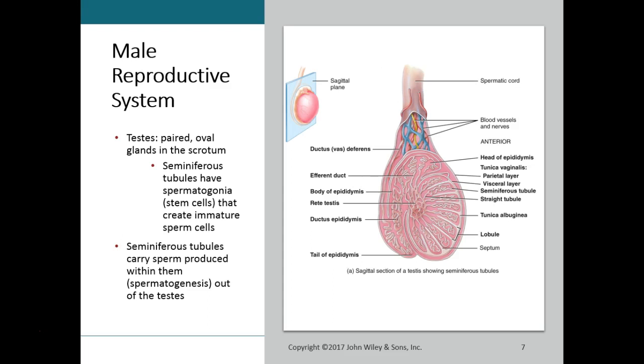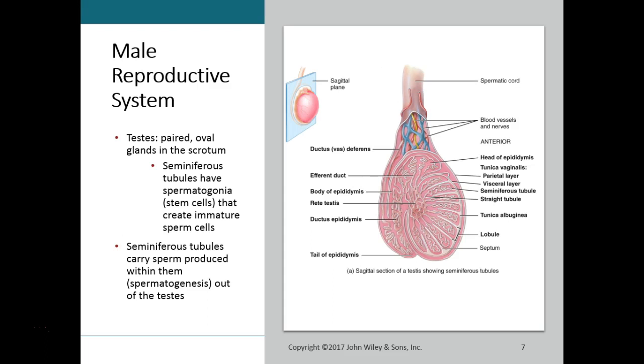The testis is surrounded by a fibrous capsule composed of dense irregular connective tissue called the tunica albuginea. It also extends inward and forms little septa, or dividers, that separate the testis into a series of internal compartments called lobules.